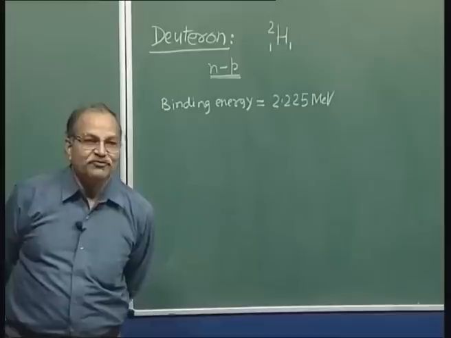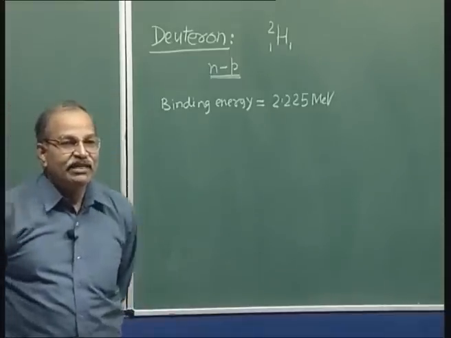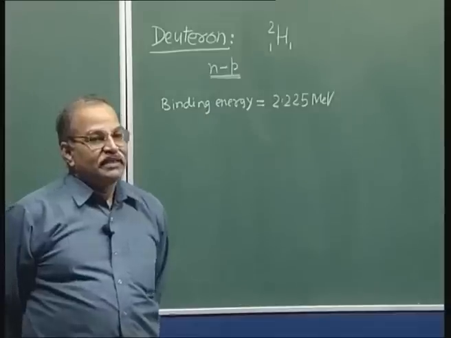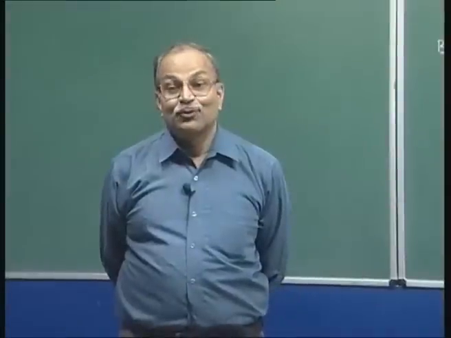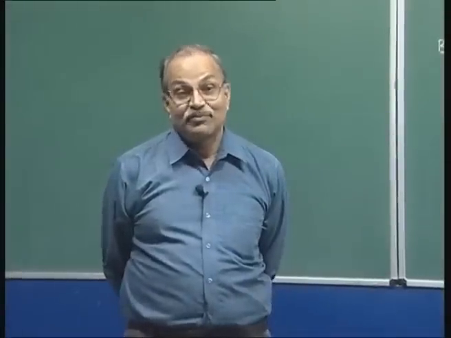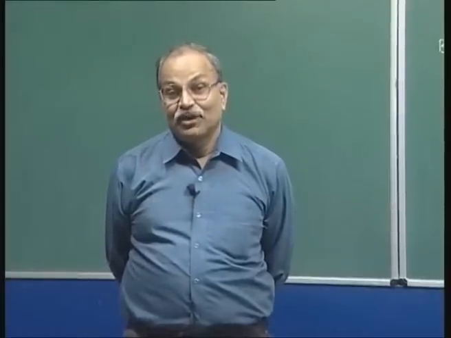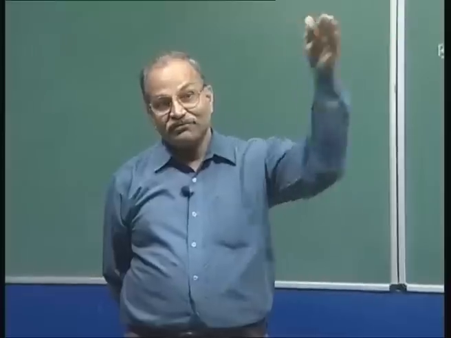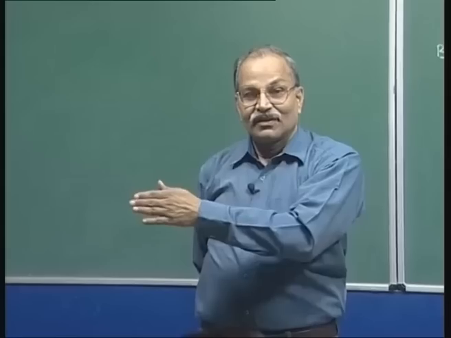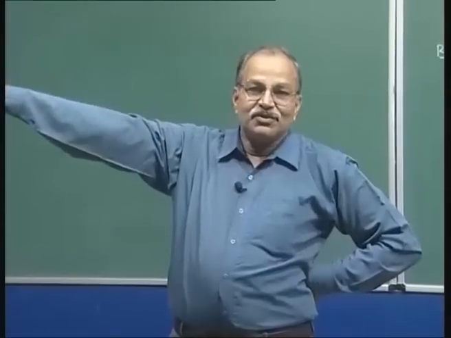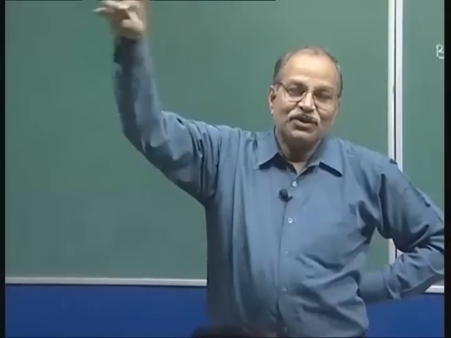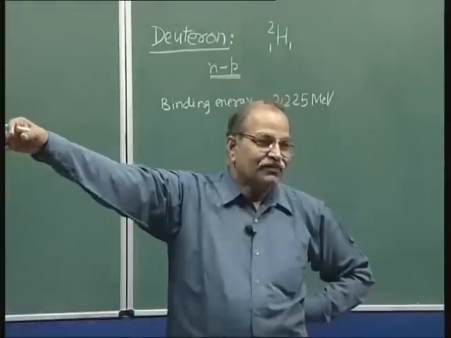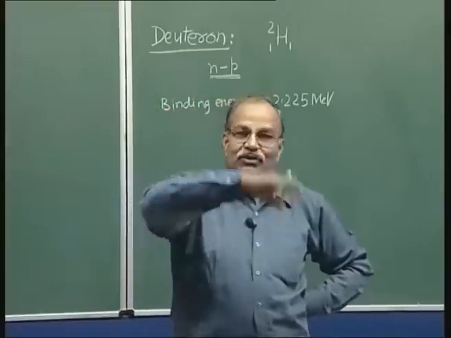Can you see why I say that it is a weakly bound system? The binding energy is 2.225 MeV, and there are two nucleons. So, what is the binding energy per nucleon? 1.1 MeV. If you remember that binding energy per nucleon curve as a function of A, most of the nuclei have binding energy per nucleon about 7 to 8 MeV.